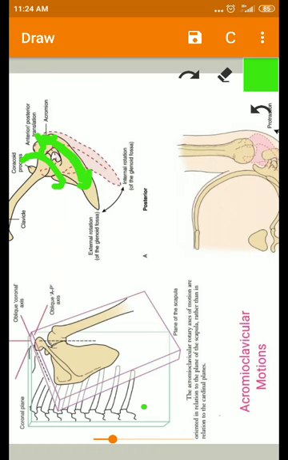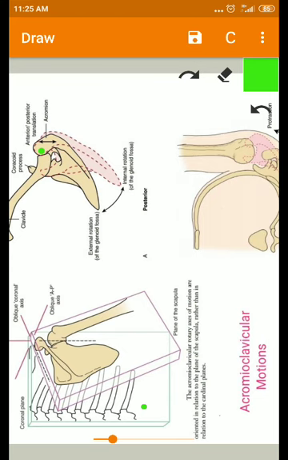It also maximizes the function of the glenohumeral muscles, the capsules and the ligaments. And such movements help in maximizing the stability of the glenohumeral joint.